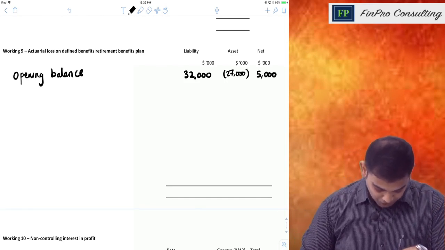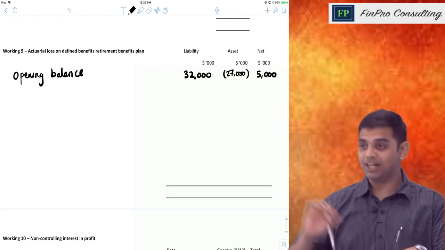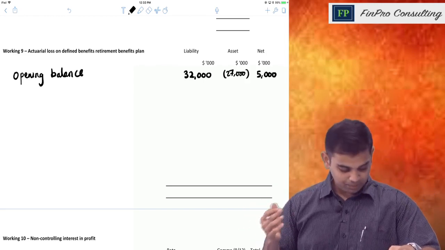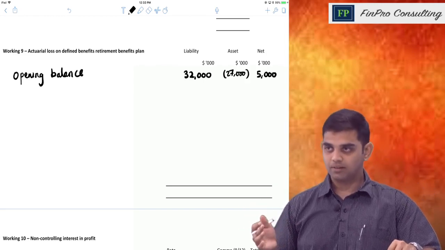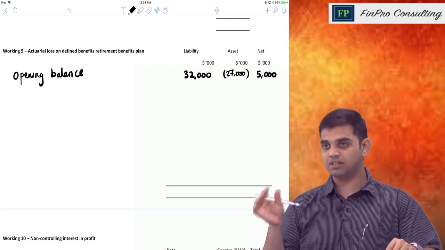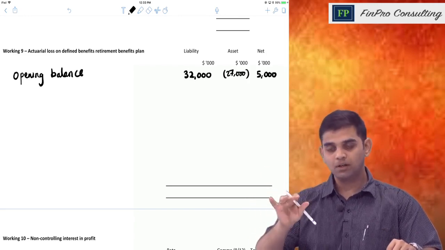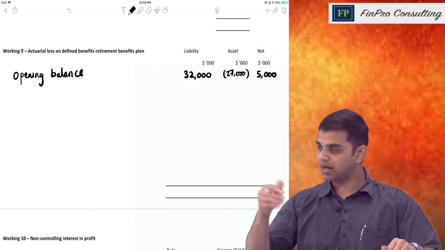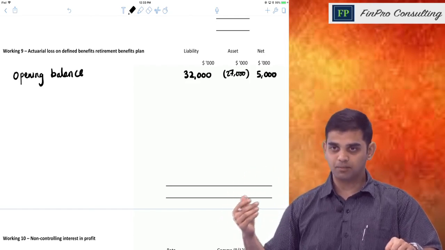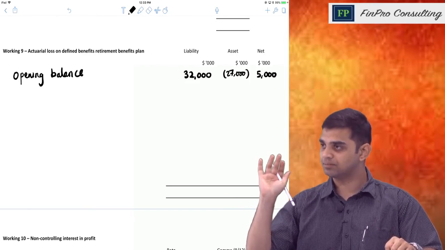Now if you see, contributions are paid at the end of the year, and benefit payments they have not given any date. So generally the interest that you calculate is on opening, then contributions you will add it and benefits will deduct it, but assume that everything on the last day, right?